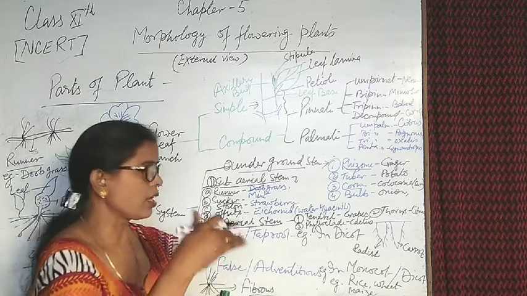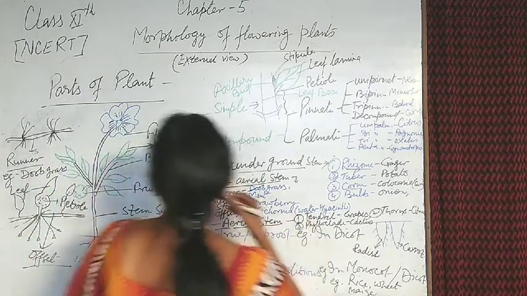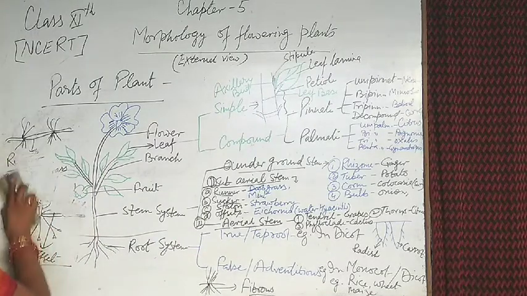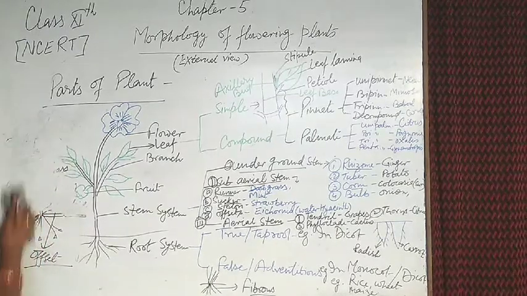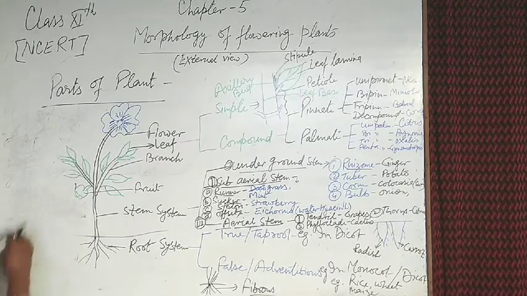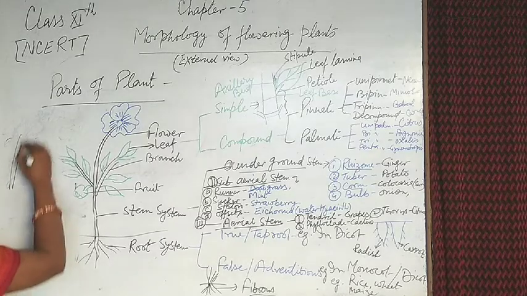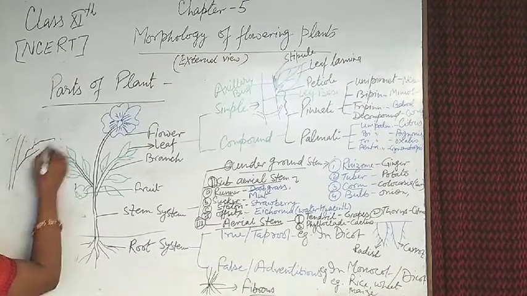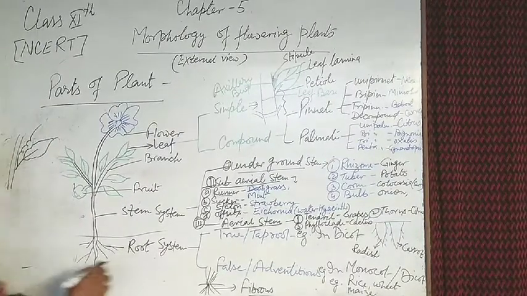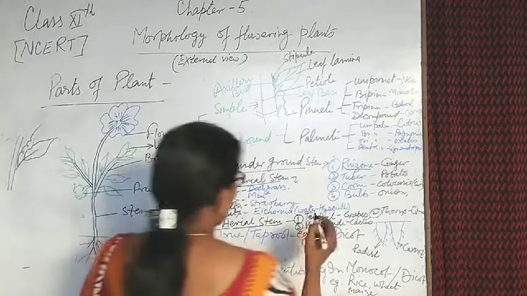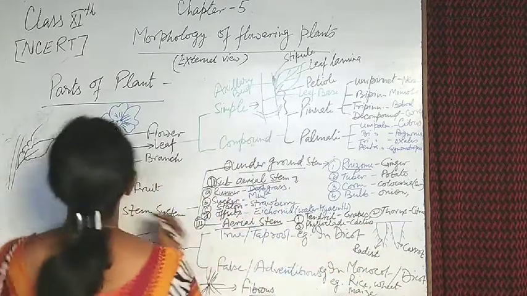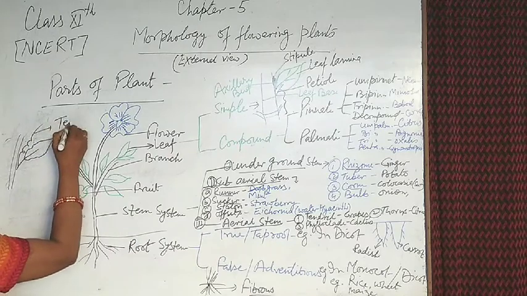Tendril means the axillary part of the leaf arises a curved, coiled structure. It is found in grapes. And phylloclade.